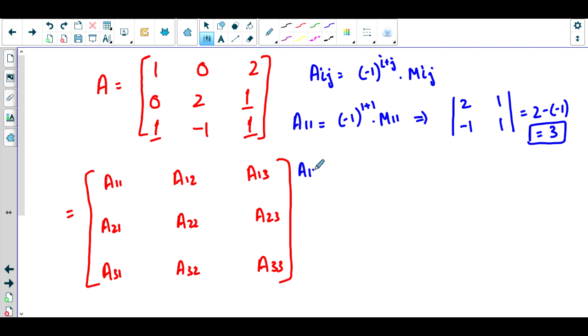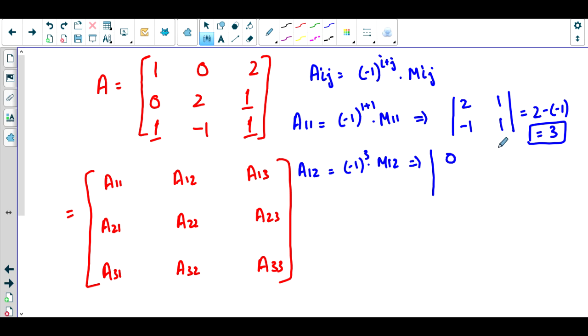Similar way we will calculate all of them. Minus 1 cube into M12. Now for M12 we have to take out the first row and the second column to find minor M12. We are left with what? 0, 1, 1, 1, right?